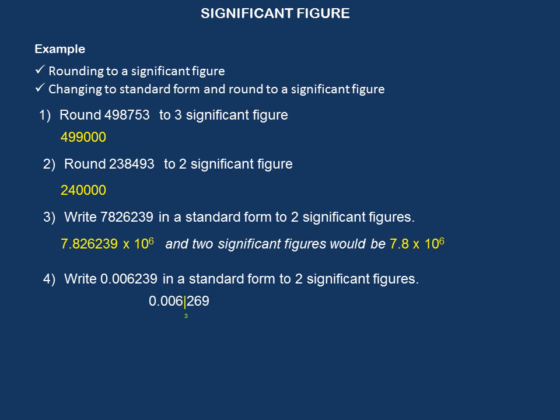So we move second, third. This is the point that we require, so we put the decimal point there. We moved 3 steps, therefore it's going to be -3, as we moved to the right hand side. Now it is going to be 6.2 that we require. That is our significant figures, therefore we ignore the rest, and that is our answer.